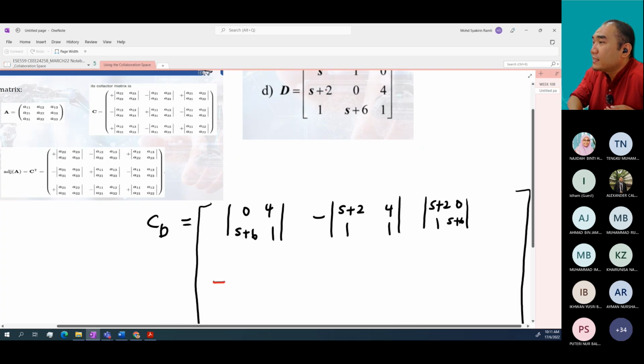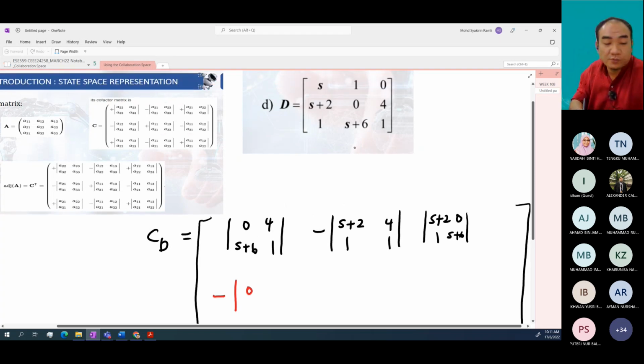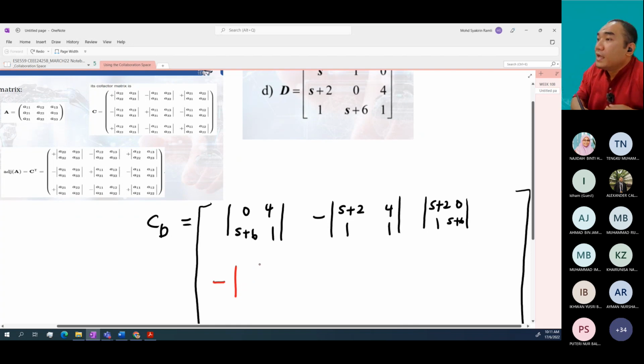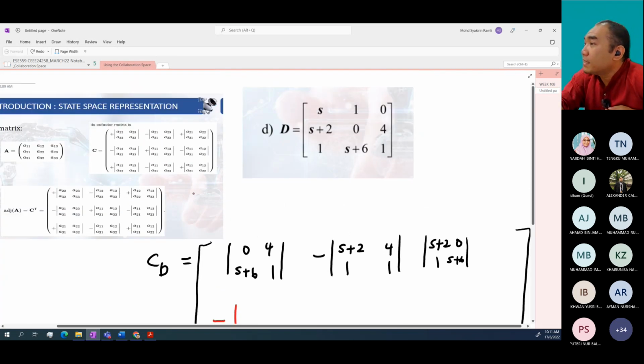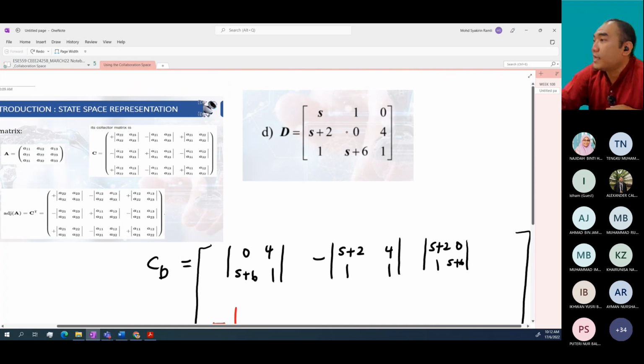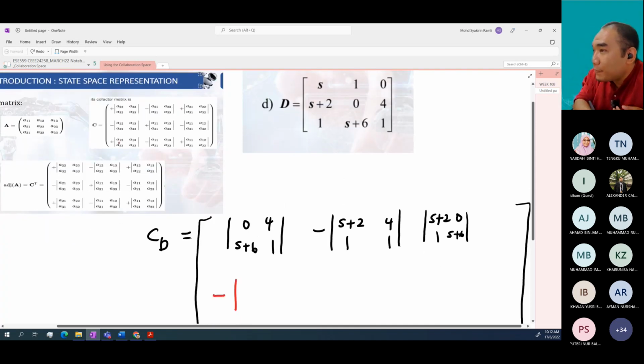A12 adalah ini kan, which is kosong. Kita akan dapat kosong. A12 adalah yang ini, 1. Row yang pertama, kolom yang kedua. Kamu nampak untuk dapatkan yang ini, tutup ini, kita ambil dia punya yang ini, which is 1, 0, 1, 0, s tambah 6 dan juga 1.